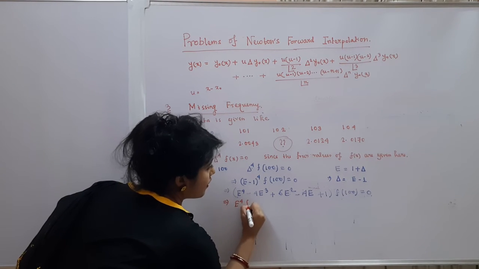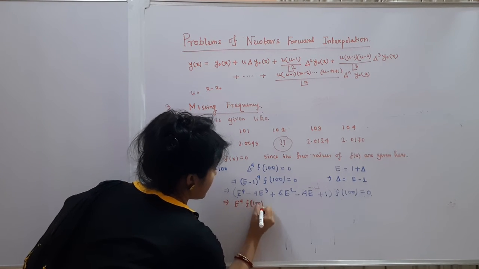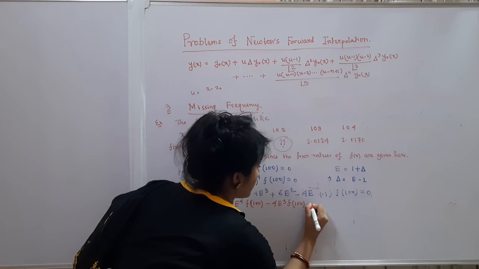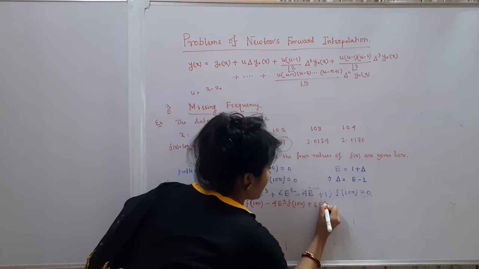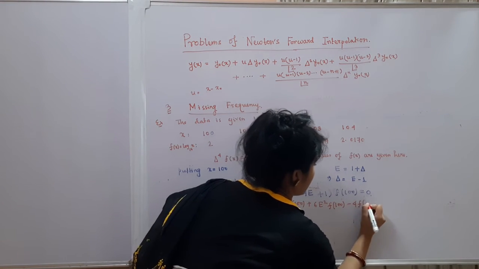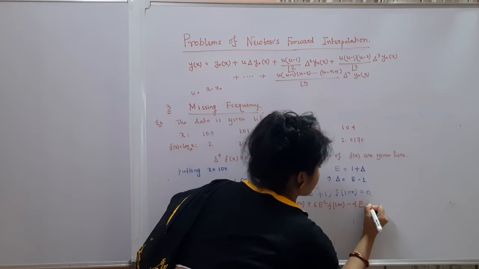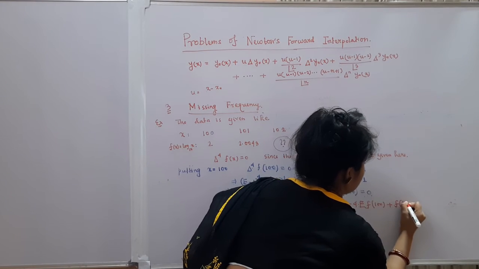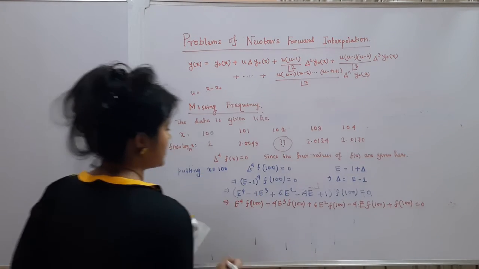Now you can apply E to the power 4 f of 100 minus 4E cube f of 100 plus 6E square f of 100 minus 4E f of 100 plus f of 100 equals 0.